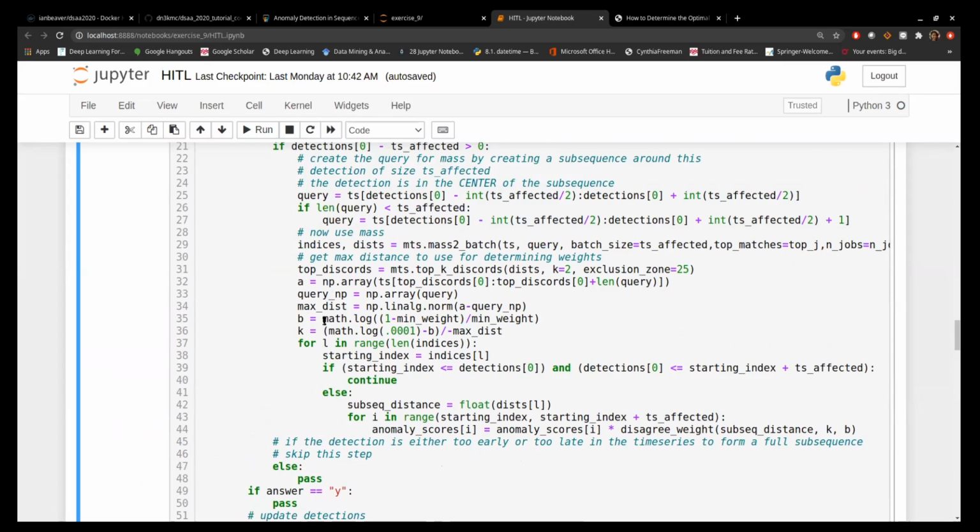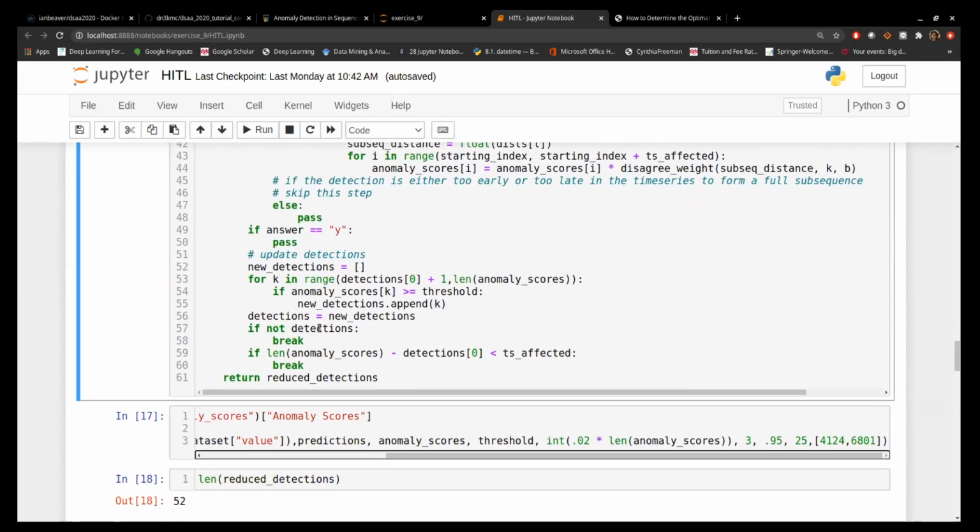So using max dist and min weight, we can determine the parameters for the sigmoid function, which creates the weights. We reduce the anomaly scores corresponding to these motifs by multiplying them to that sigmoid function. And the more similar the query is to the corresponding motif, the greater the reduction to the anomaly scores.